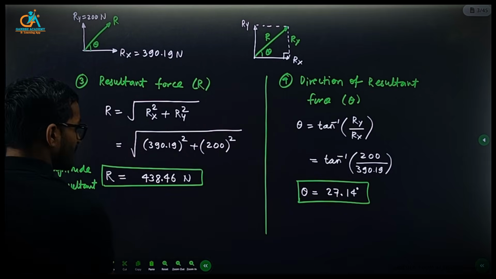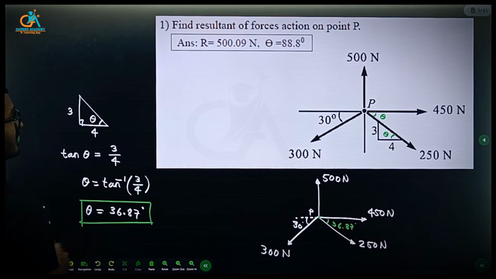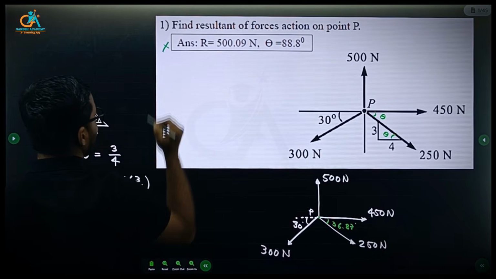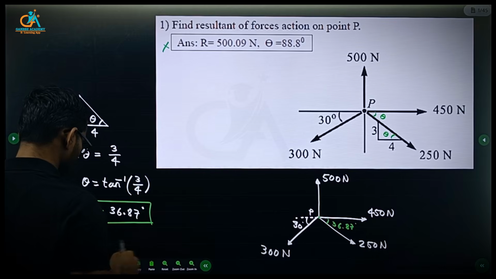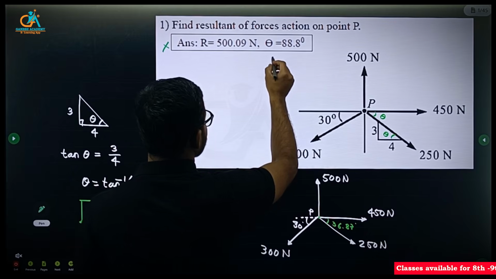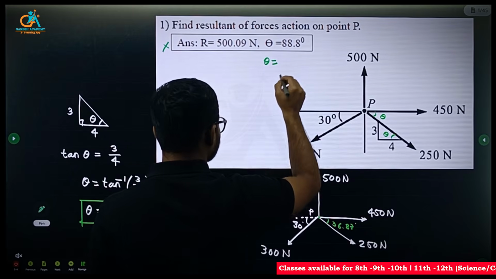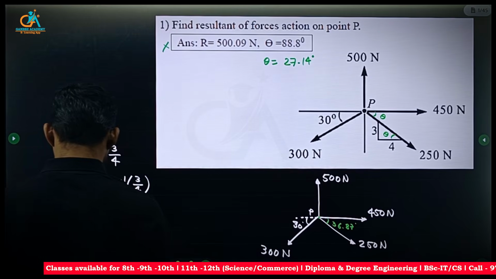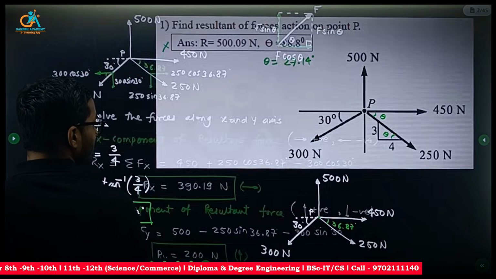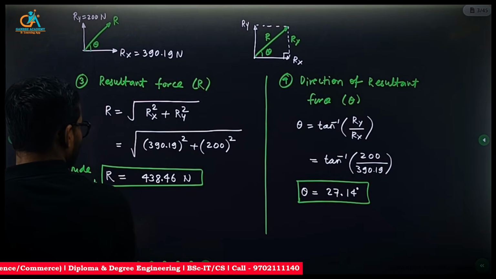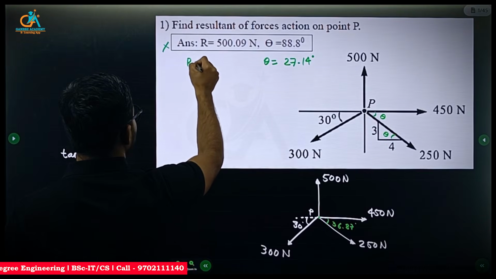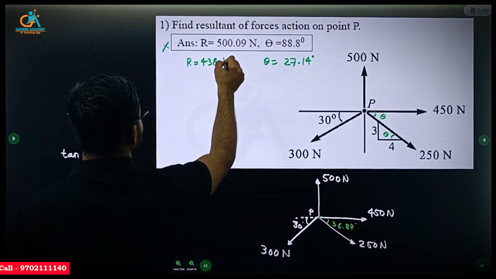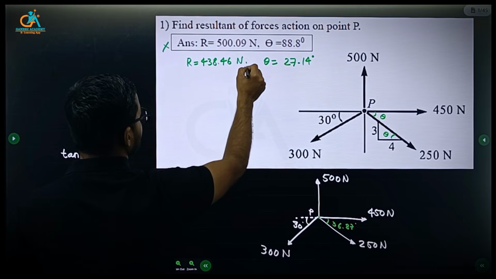So as it seems, the answers mentioned in the question bank are wrong. Your answer should be theta equal to 27.138 or 14, and the resultant is 438.46 Newton.